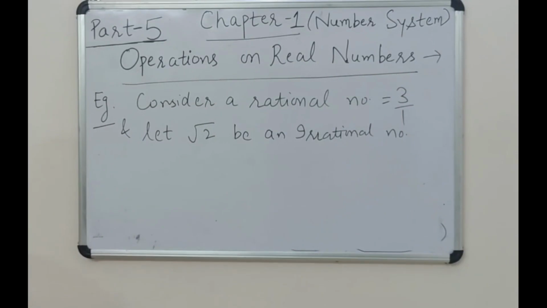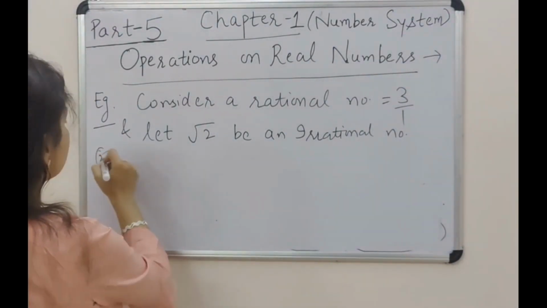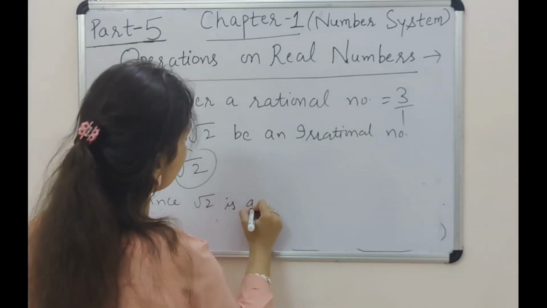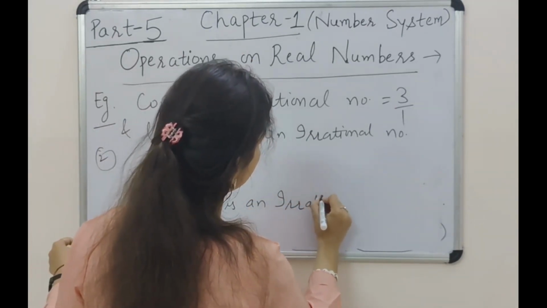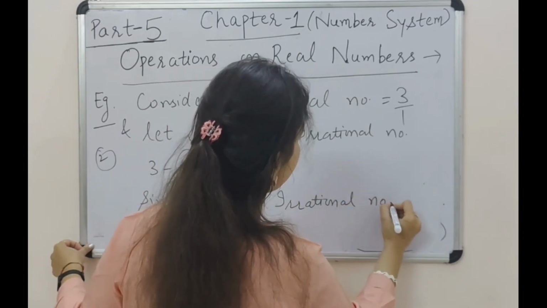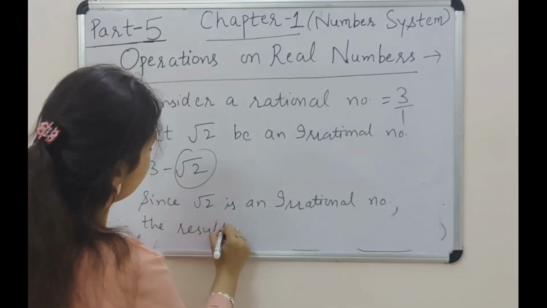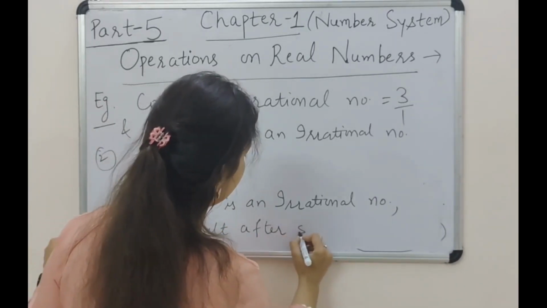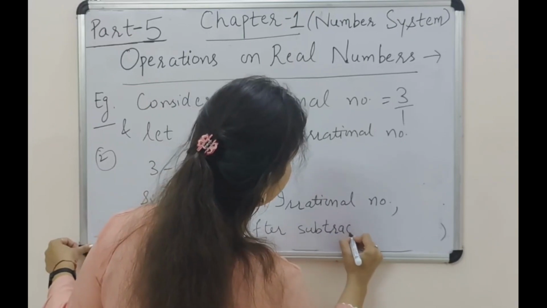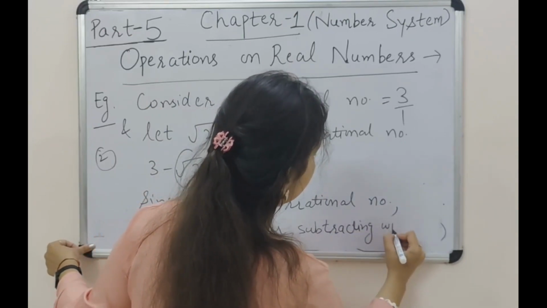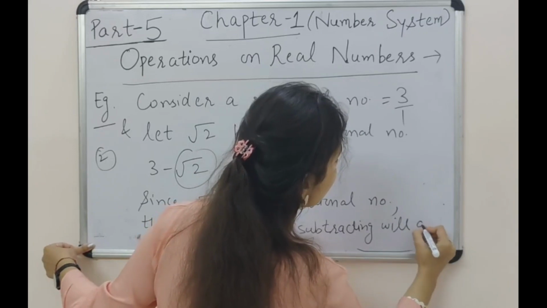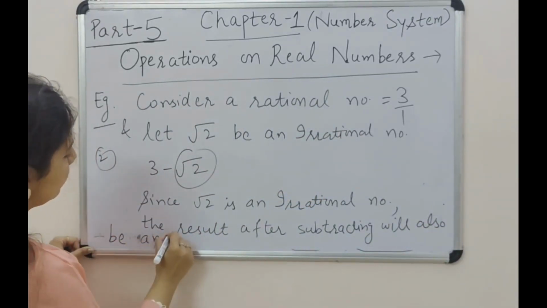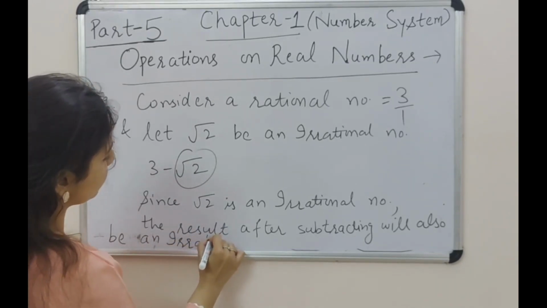I'm considering the same numbers, and for the second operation, if we have to subtract them, 3 minus root 2. Since root 2 is an irrational number, the result after subtracting will also be an irrational number.